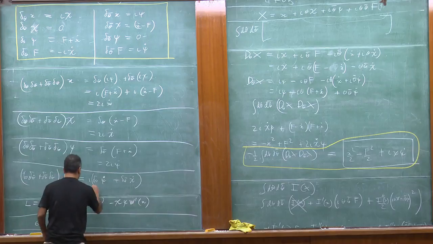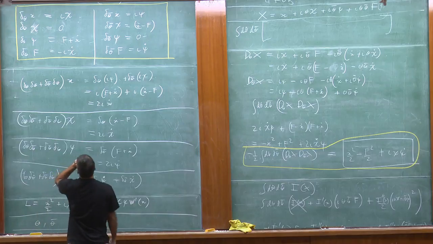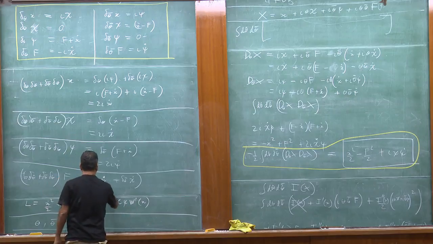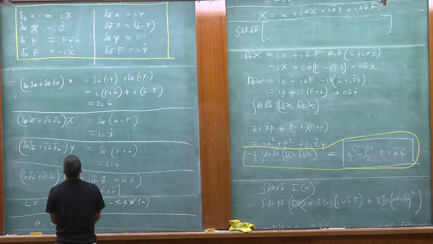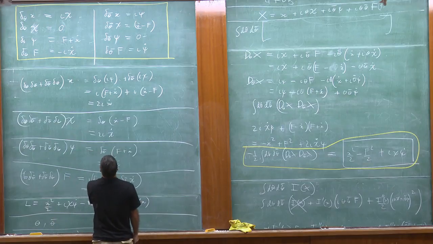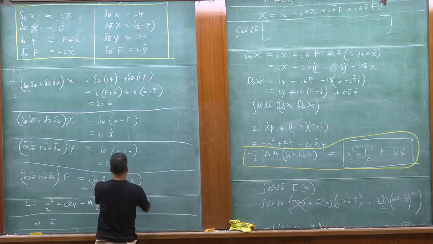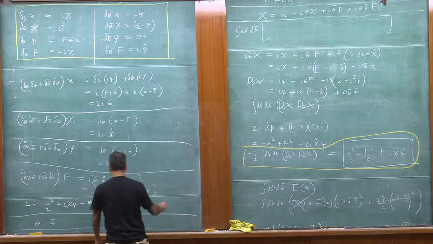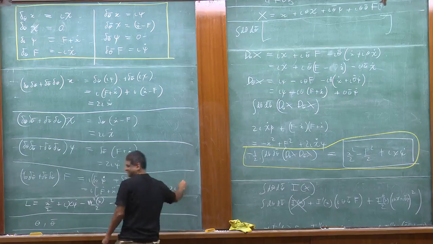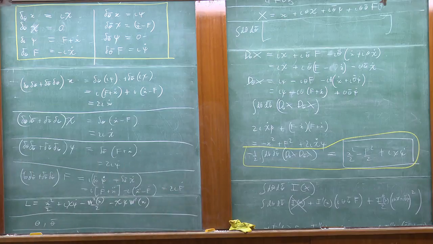So this is equal to I times delta theta of psi, which was f dot plus f double dot, minus I times delta theta bar of chi, minus I times delta theta bar, x double dot minus f dot, which is equal to 2I f dot. The x double dots cancelled. Okay, so you see it works beautifully.